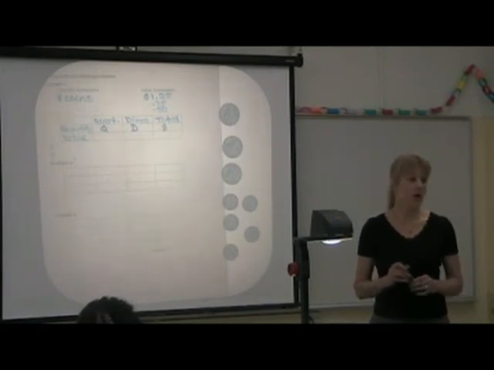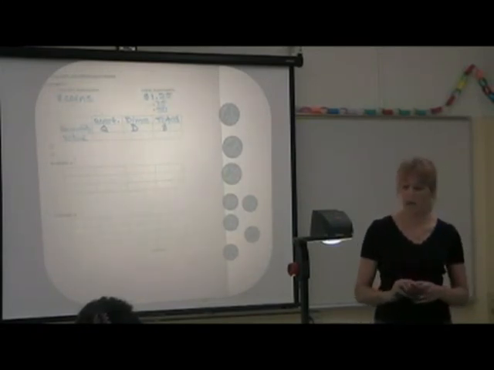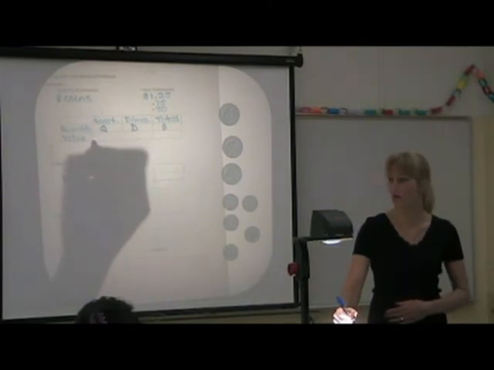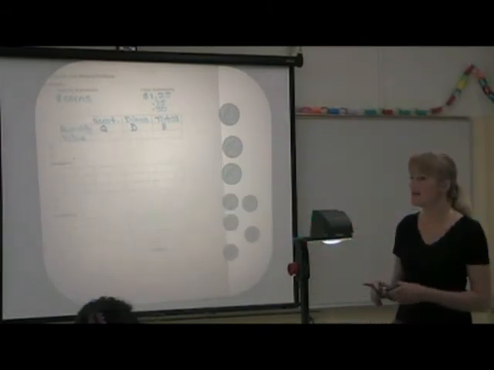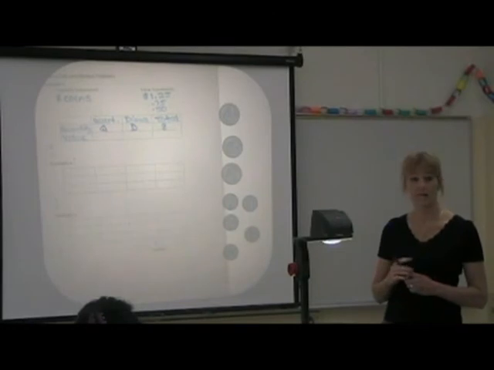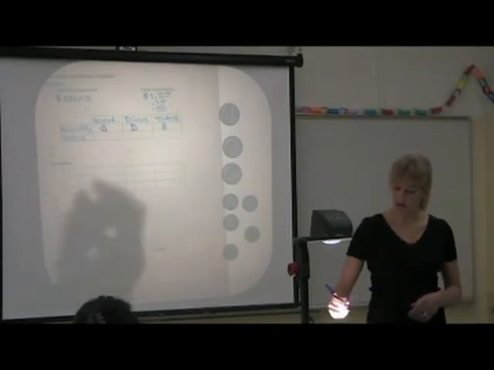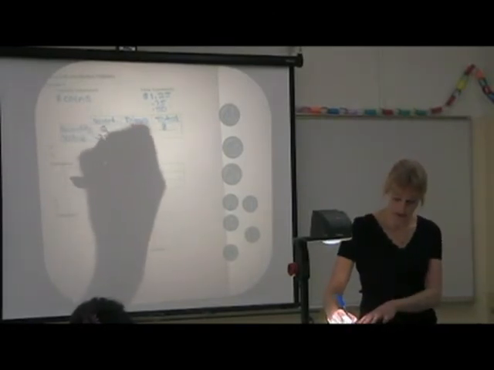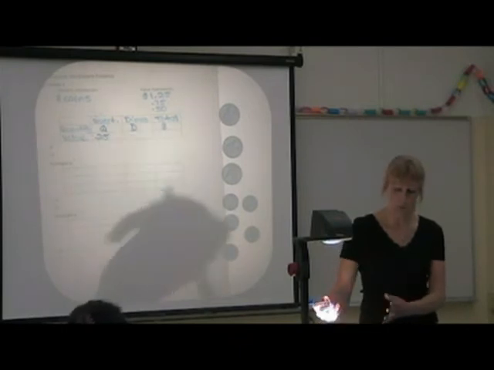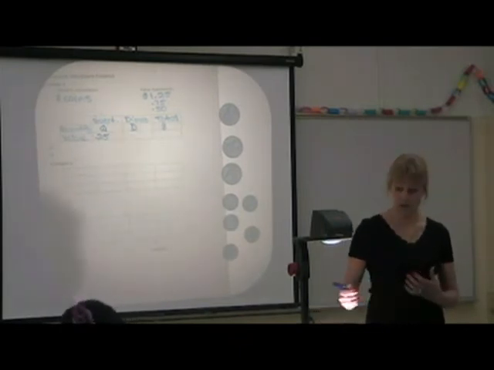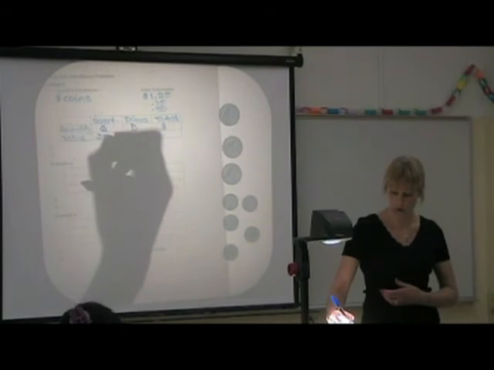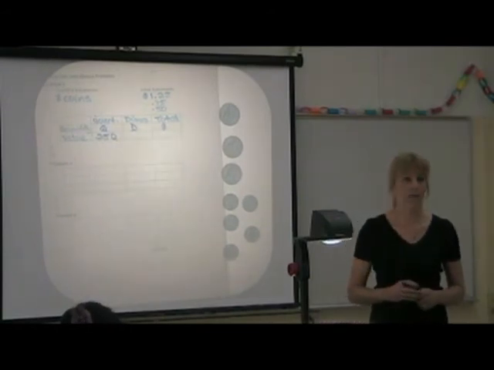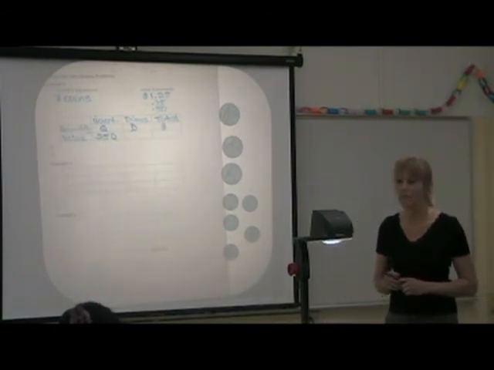If we didn't know how many quarters we had, how would we find the total value of the quarters? How did you find that 75 cents? 25 times 3. Love that. 0.25 times, well, we know it's 3, but if we didn't know it's 3, it would just be the quantity of the quarters, right? So it must be 0.25 times Q.